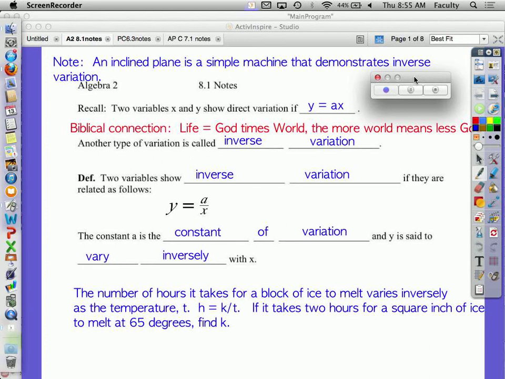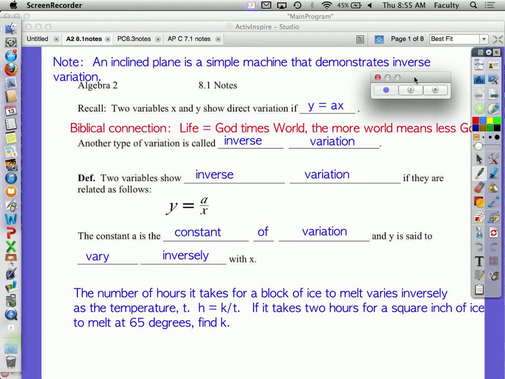That's inverse variation. Likewise, the more that you have God in you, the less of the world you have in you. So inverse variation essentially means when you have more of one thing, you have less of the other. They go in opposite ways.